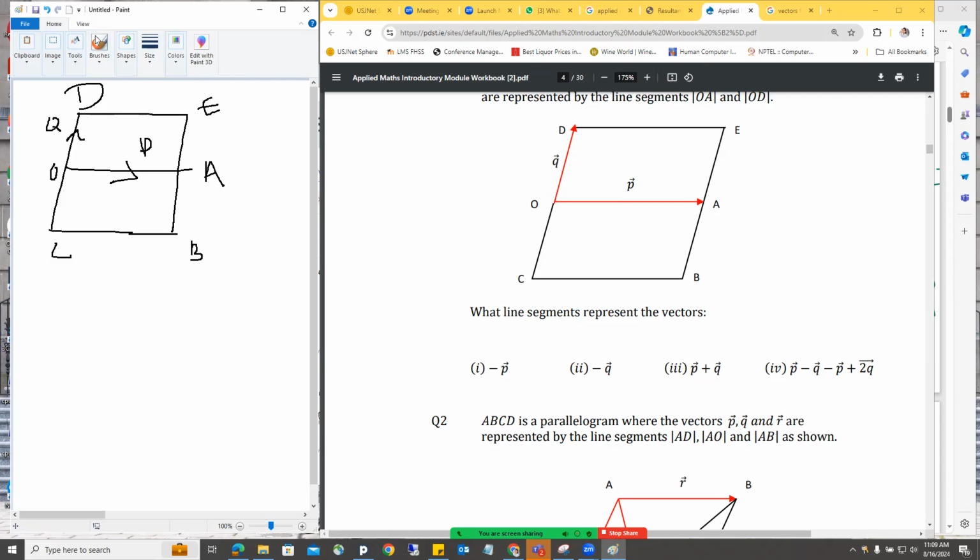Now what they are saying is P minus Q. So minus Q now should be the other way, this side. OA plus, for this side it would be minus Q, which means AB.